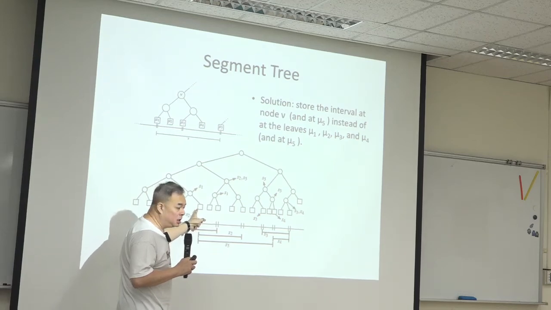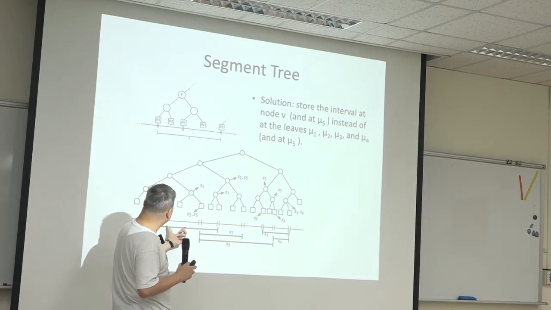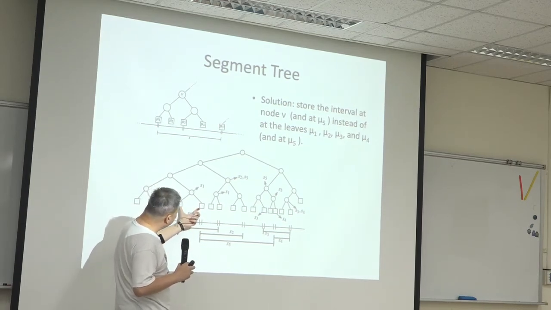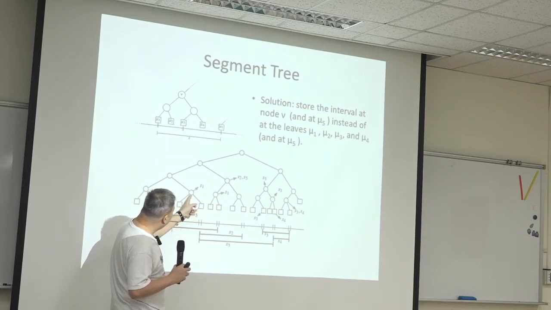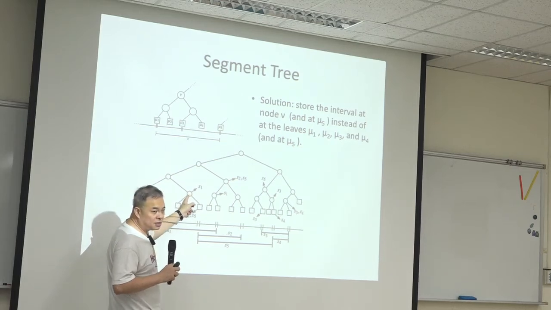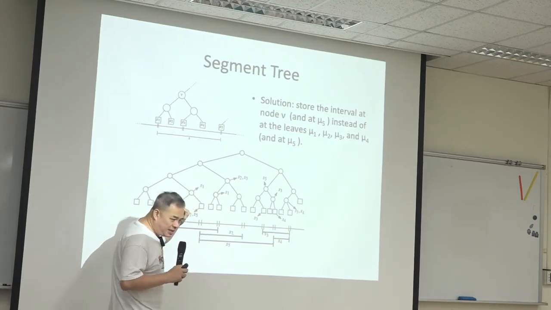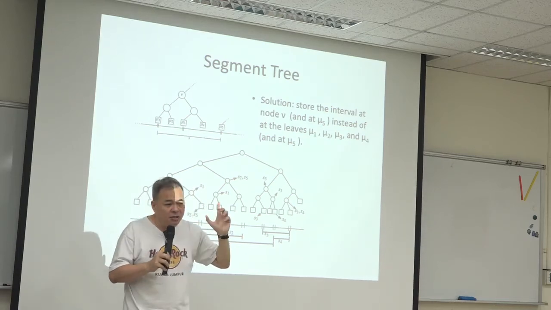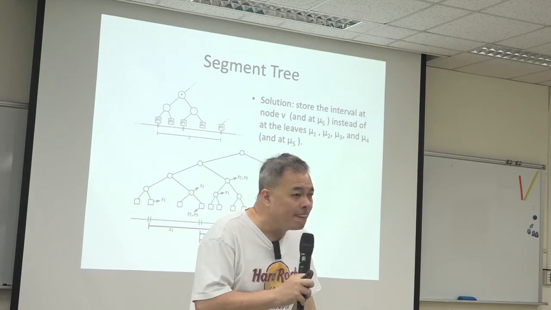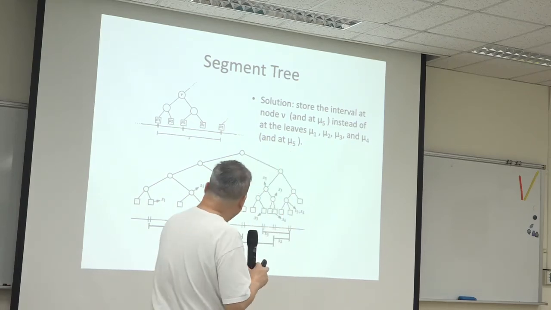This one represents this interval, and this one represents this point. The collection of these two elementary intervals will be the interval represented by this intermediate node. And because the interval represented by this intermediate node is included in S1, we store S1 here.